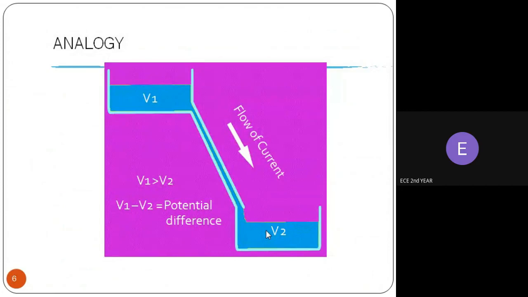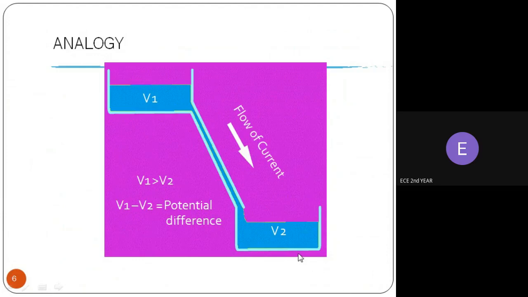Say V1 is the voltage at one point and V2 is the voltage at another point. The value of V1 is greater than V2. So automatically the charges flow from the point V1 to V2.